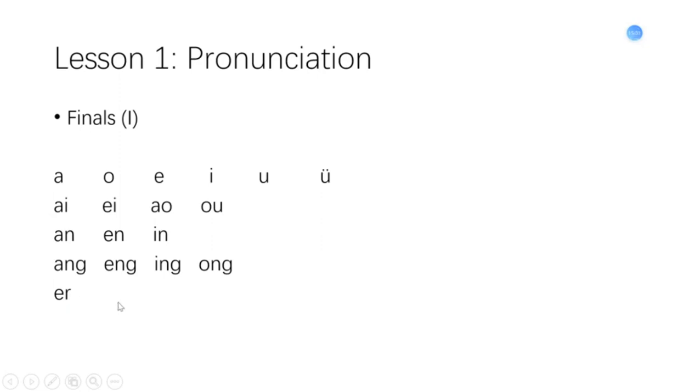It's not er, it's èr. So you open your mouth wider. Let's read again. Èr. Read again. Èr. Okay, so does anyone know the meaning of èr, the last one? Okay, èr means two in Chinese.